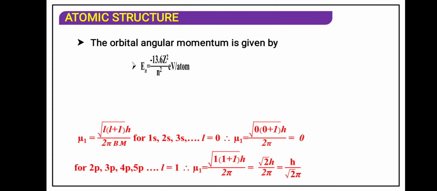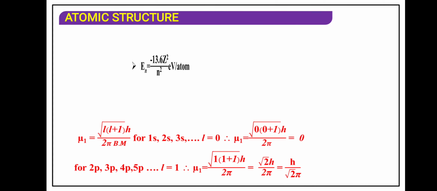Angular momentum. Now this azimuthal quantum number also provides the angular momentum of the electron by the formula h upon 2 pi under root l into (l plus 1). I repeat again, capital L, the angular momentum of an electron, is equal to h upon 2 pi under root small l bracket small l plus 1.